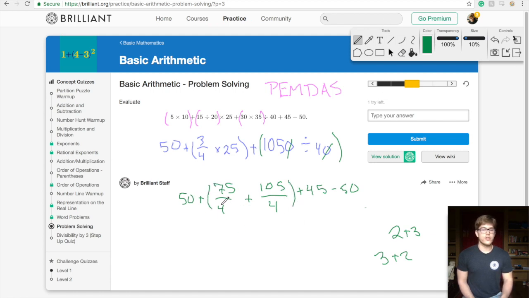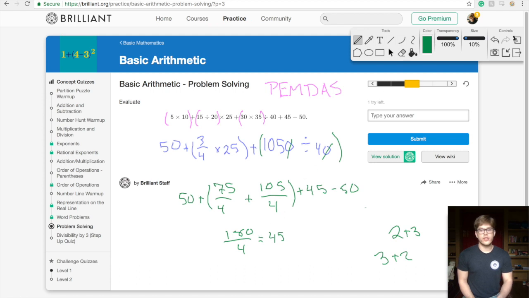Let's add these fractions together, and we're going to get 180 over 4. And this does simplify, right? 180 divided by 4. Well, to divide by 4, you can divide by 2 twice. 180 divided by 2 is 90, and divided by 2 again is 45. So this value is 45.